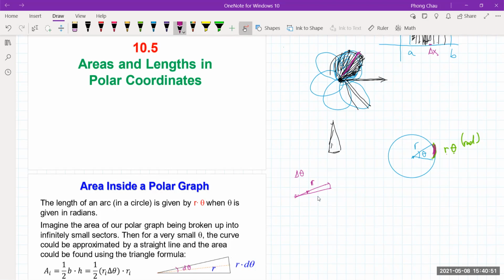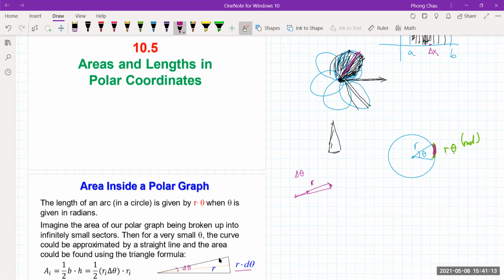So that length here is r times delta theta. Now because this is extremely small, technically it's a curve, but you can approximate it with a straight line.